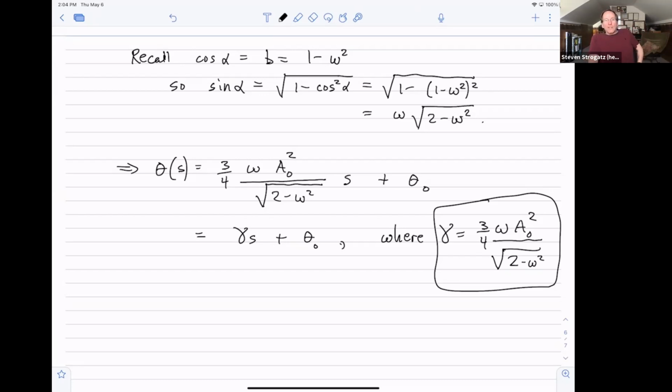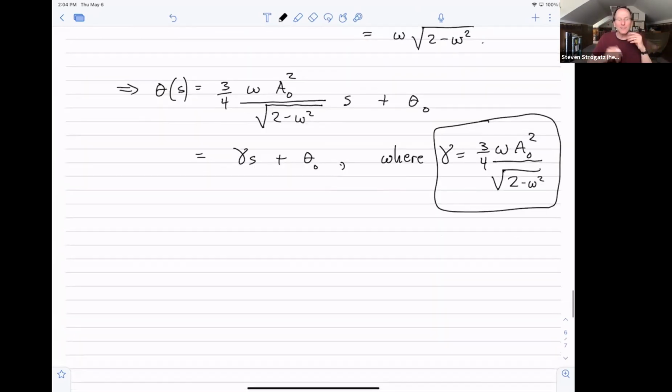Okay, so I'm slowing down to a halt here. What's going on? So now what if we replace the S by, let's go back to the original time. So this you could think of as gamma epsilon n plus theta 0.